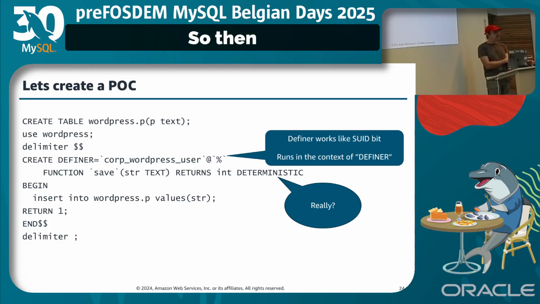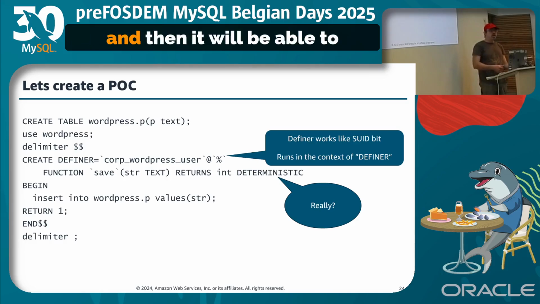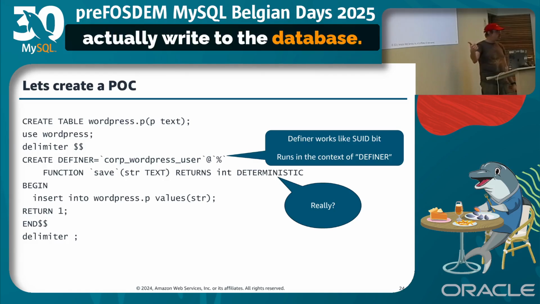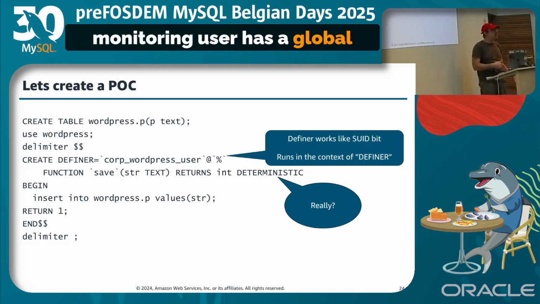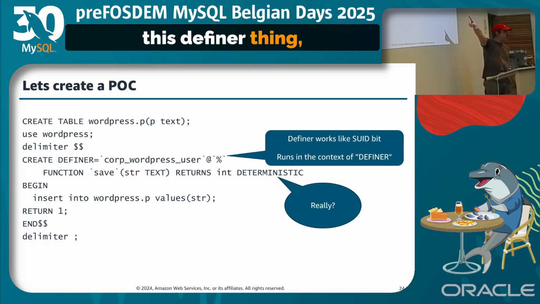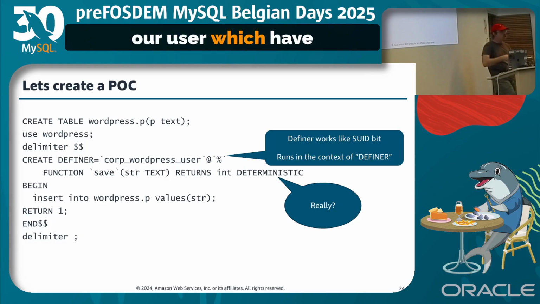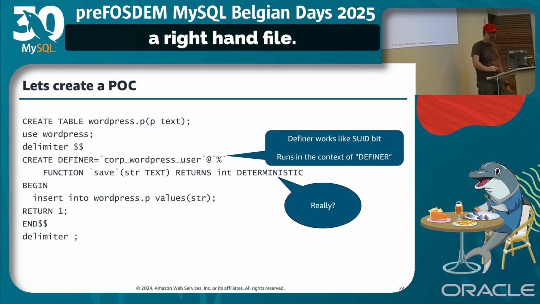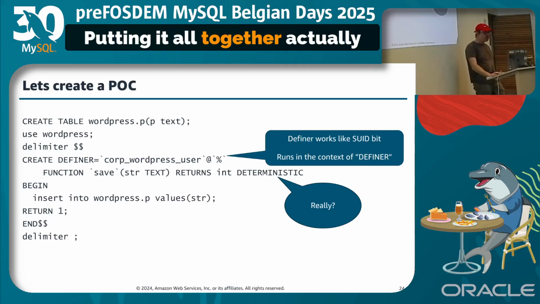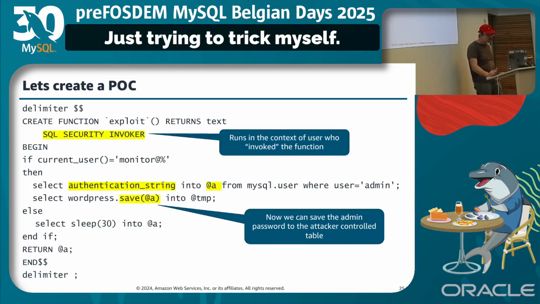Then the monitoring user will run it, and it will be able to actually write to the database. Remember, the monitoring user has a global select flag, it cannot write. But because we created this definer function, it can now run in the context of our user, which has write access.